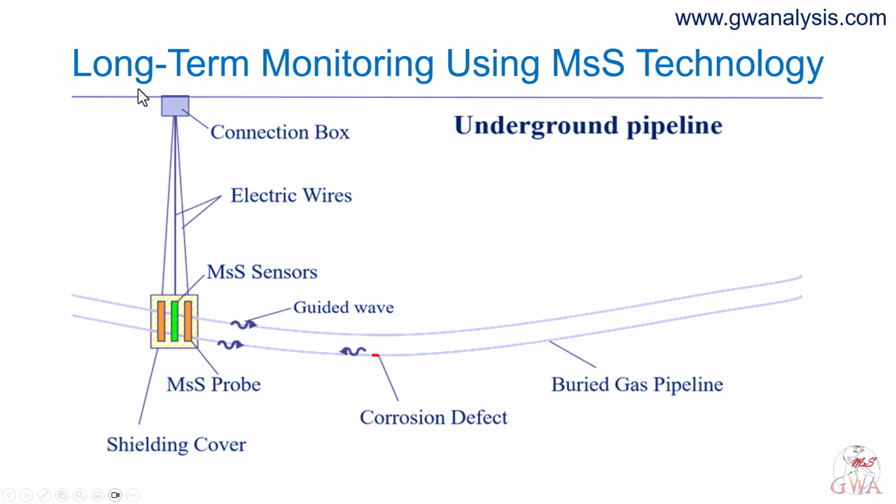Now, let us talk about long-term monitoring using MsS technology, and this is a genuinely different kind of measurement from everything we have discussed so far. MsS technology monitoring is defined by what stays on the pipe. The iron-cobalt strip is about a tenth of a millimeter thick, and it is bonded to the pipe surface with epoxy.